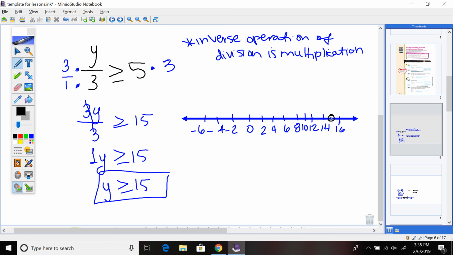Now notice how I was shading the dot at 15 because it's equal to this line right here. That is, equal to, so that means shaded in, and greater than means go to the right. So it should look like that. So the solution will be any number greater than or equal to 15.